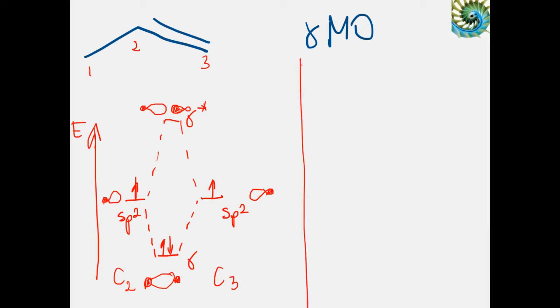Okay, so let's say right now you want to combine sigma and pi bonds. So we are talking about the whole double bond, so sigma and pi bonds between carbon 2 and 3. So we have carbon 2 and carbon 3 here. The first thing you do, you want to draw yourself an sp2 hybridized orbital, and then above that there is a 2pz orbital. On the other side there will be the same 2 orbitals.